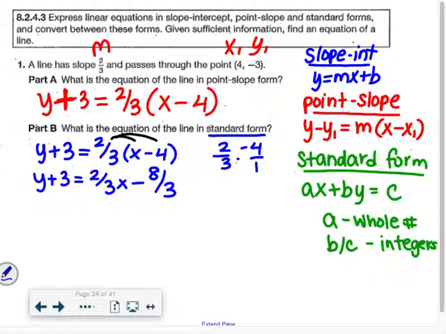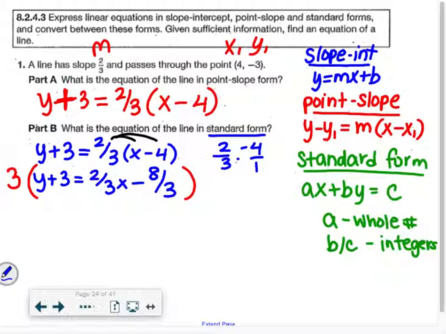Then, because no fractions are allowed in standard form, I see the denominators. On the bottom of each fraction, I see a 3. I'm going to multiply this whole entire thing by 3 to clear those fractions. So whatever number you see in the denominator, the bottom of the fraction, that's what you need to multiply by, because multiplying by it will cancel it out.